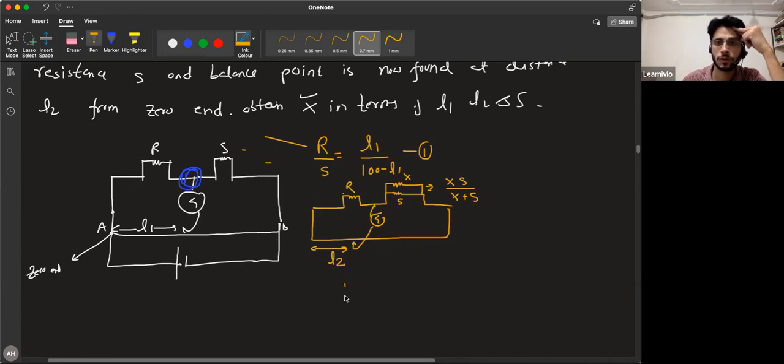See, in the left gap you have R, in the right gap you have x into s by x plus s. Balancing length is L2, and then you have 100 minus L2. That's the second equation.